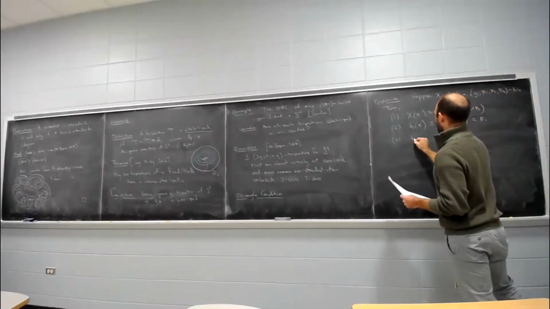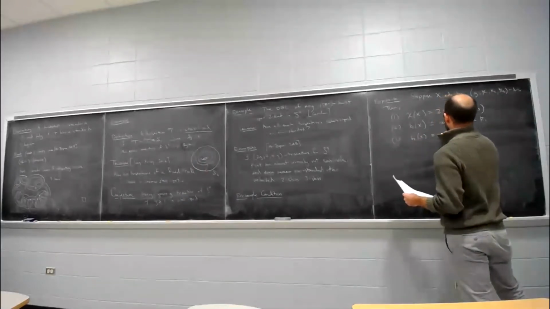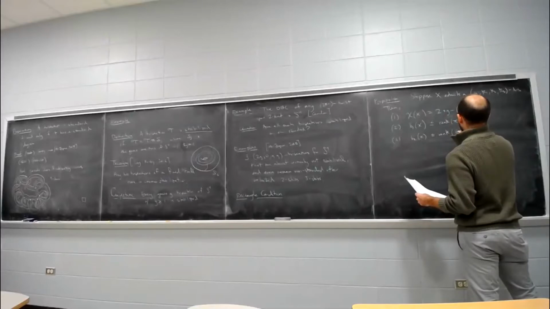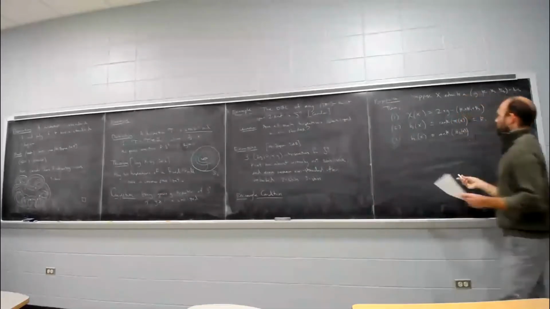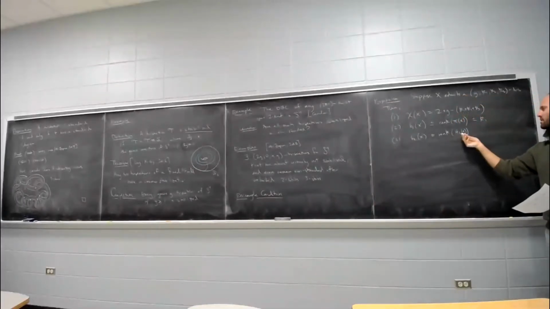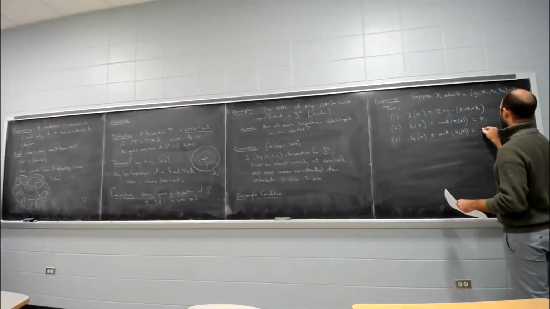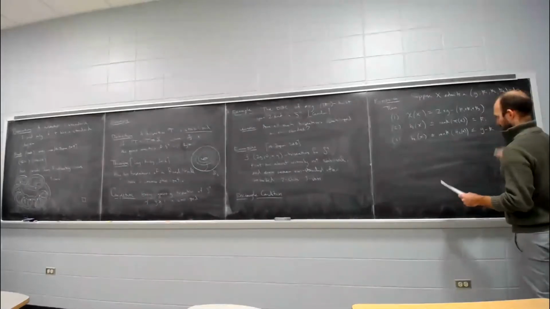And similarly, the second Betti number of X is bounded above by the rank of H2 of X, by which I mean the number of generators required to generate H2 of X as a finitely generated abelian group. This is smaller than G minus Ki.